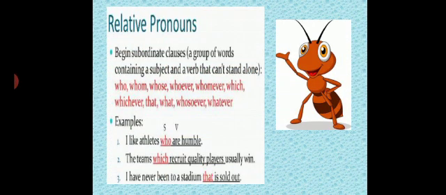Then let's see something more about relative pronouns being subordinate clauses. Clause means a group of words containing a subject and a verb that can stand alone. Group of words means clause. A subordinate clause is a group of words which contains a subject and a verb which can stand on its own, which has its own value, which acts as the main verb.